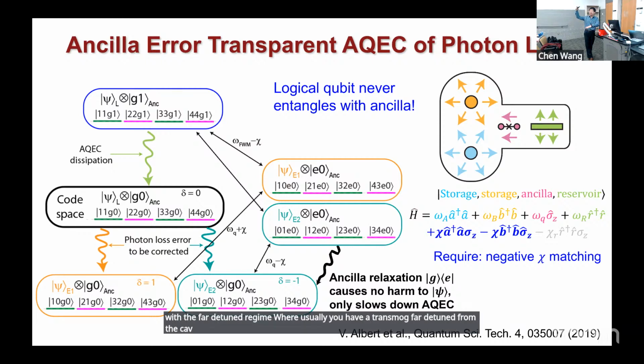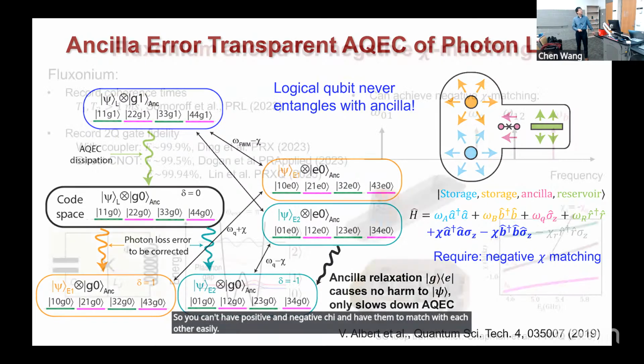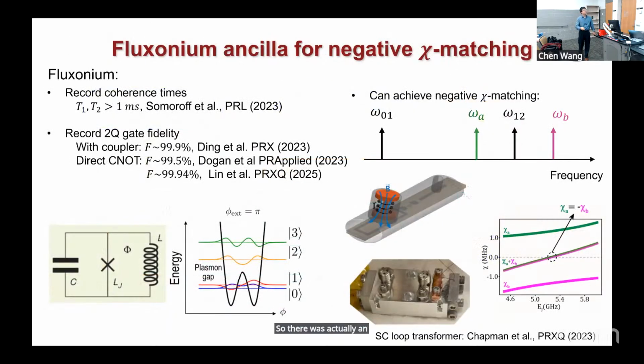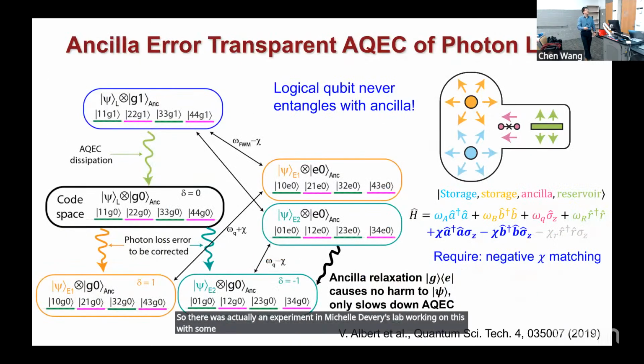They have a Jaynes-Cummings interaction, and that gives you the dispersive shift, which is often negative for a transmon system. So you can't easily have positive and negative chi and have them match each other. There was an experiment in Michel Devoret's lab working on this with some pump gain on transmons. It's very difficult to fully reverse the chi for a transmon and cavity system.